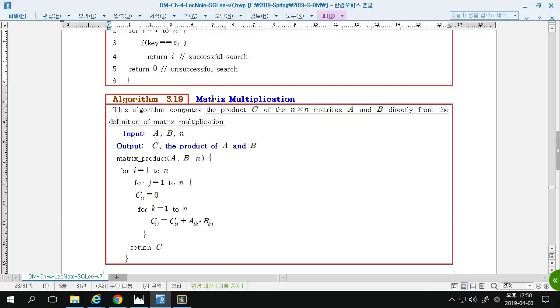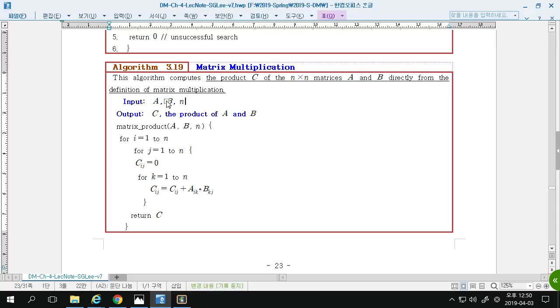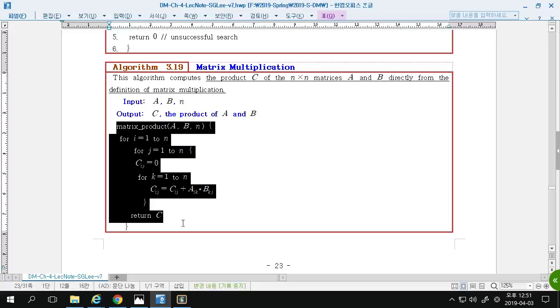And next one is the matrix multiplication. This algorithm computes the product C of two matrices of size n by n directly from the definition of matrix multiplication. So if you give two matrices and the size of the matrix n, then C, which is the product of the two matrices, will come out with this code.